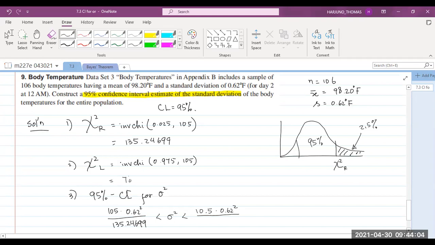That's 78.53640. I don't have a decimal point here, sorry. That's 105, not 10.5.